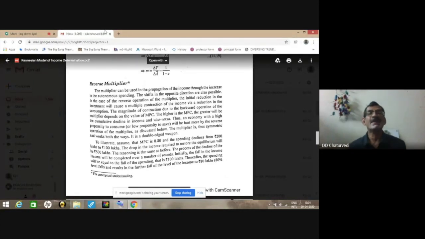So the reverse multiplier conveys the same story: when we change the expenditure, which may be investment expenditure or autonomous expenditure, in the reverse direction, that means there is a negative change in investment or autonomous expenditure, then also there will be a substantial change in income in the negative sense. Income will change multiple times, and it will be calculated by the same formula 1 upon 1 minus C, but the direction of change of income will be reversed.